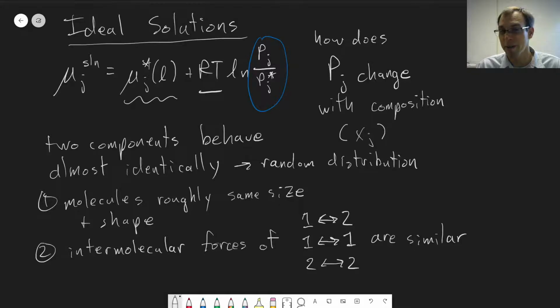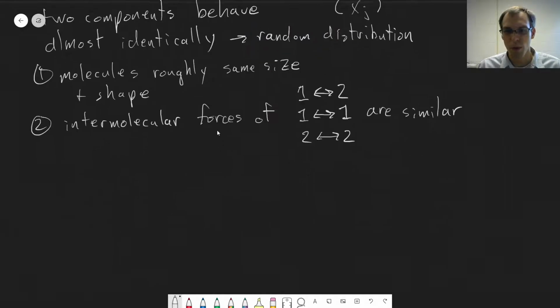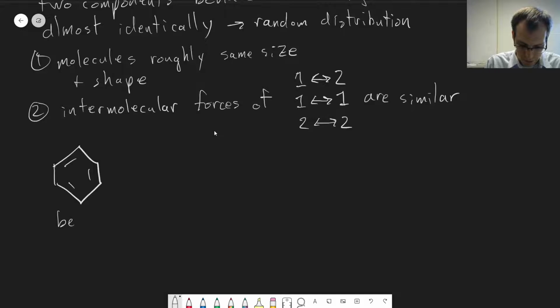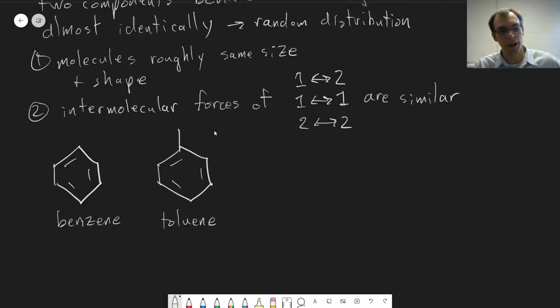So hopefully you actually paused the video, thought about this, maybe wrote down some ideas, and I'll give you a couple of examples. One really good example of an ideal solution is a mixture of benzene with liquid toluene, where all that changes is that we have a methyl group on here. So these two things are going to behave very similarly.